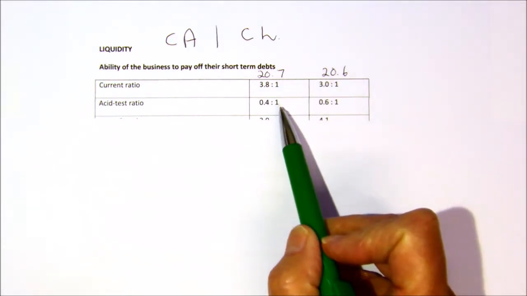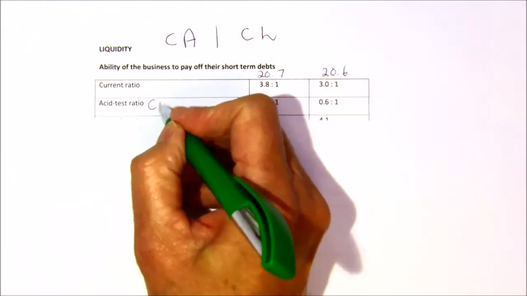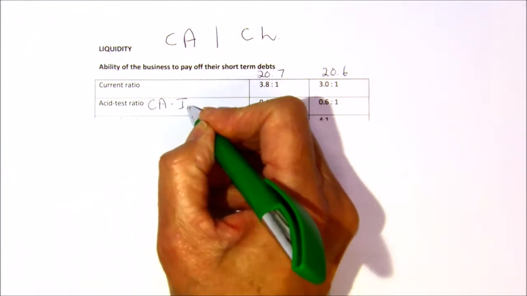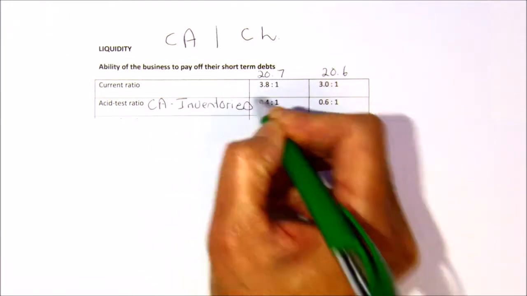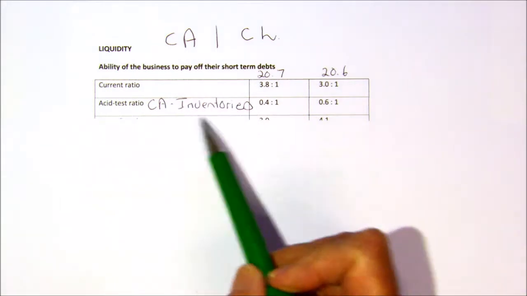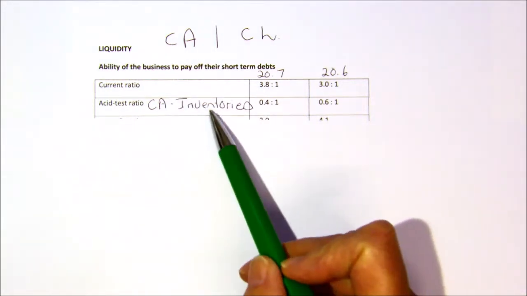But if we go and look at the asset test ratio, now remember, your asset test is taking your current assets minus your inventories. Because what we're saying is, a business doesn't want to necessarily sell off all of their stock. They sell their stock, they want to replace it because they've got to carry on.